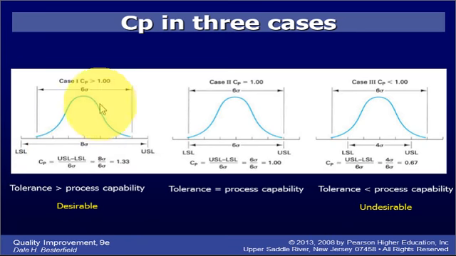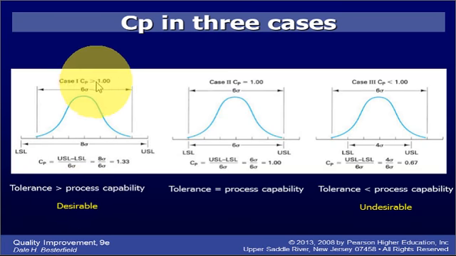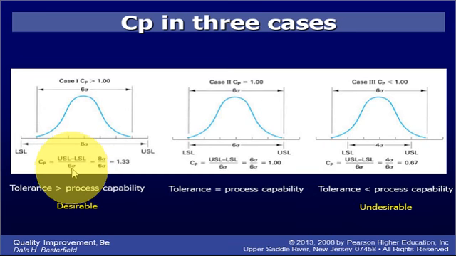So everything we produced is within the lower specification limit and the upper specification limit. So this is a desirable case. And in this case, the Cp value is greater than 1 because your tolerance, the difference between the USL and LSL, is greater than your process capability, the 6 sigma.